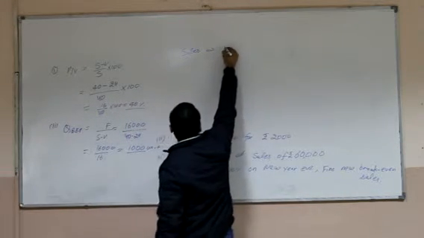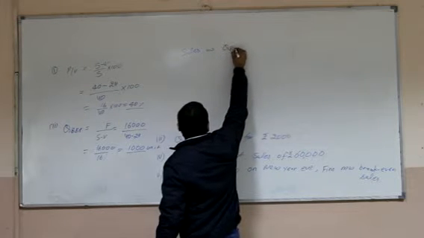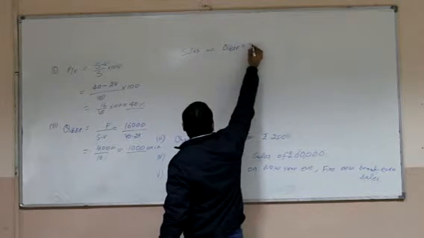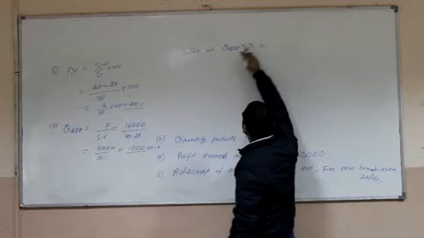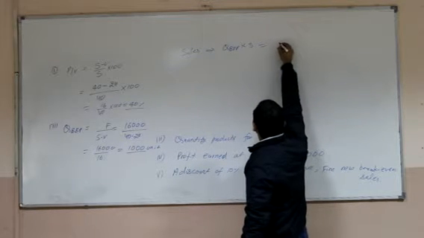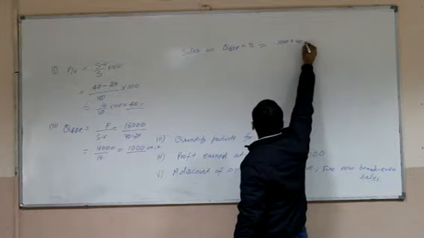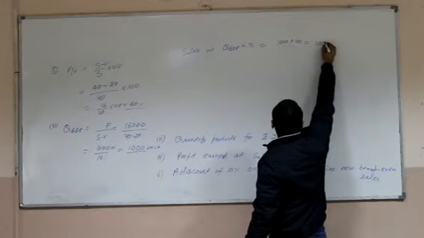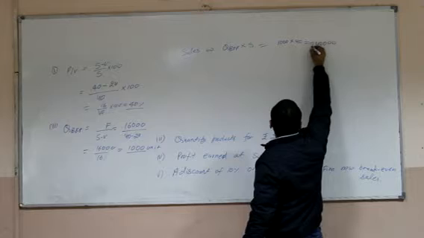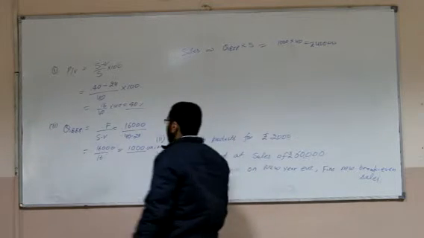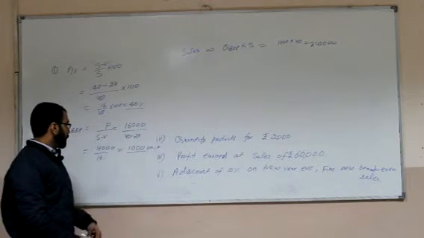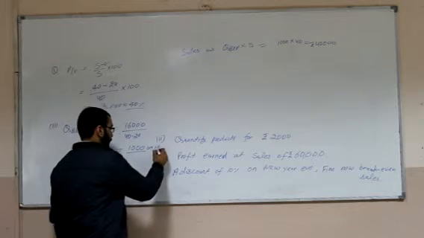Sales means QBEP multiplied by the selling price S. How much? 1,000 multiplied by 40 is 40,000 rupees. This is the break-even sales. This one is the break-even quantity in units.